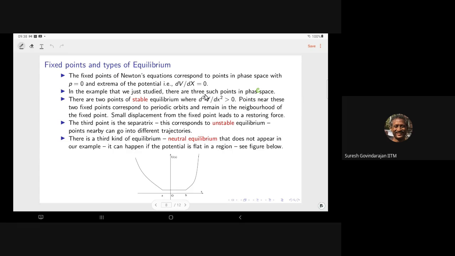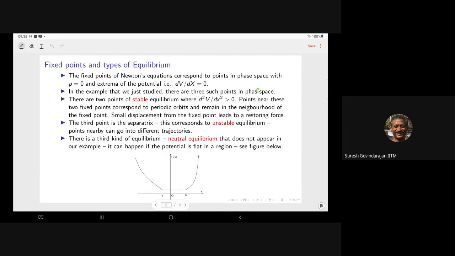This means force is 0 and it's at rest now. So it will remain there. That's why it's a fixed point for Newton's equation. That's the definition of fixed point, no? What else do you want beyond that?